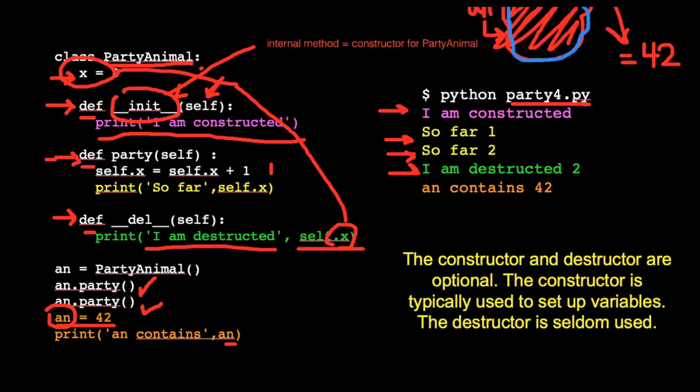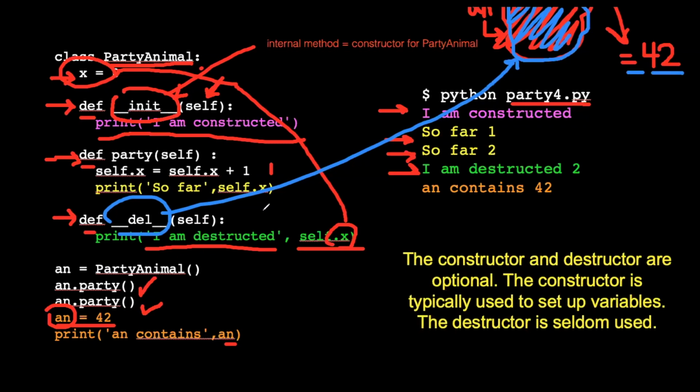Gone is not good. Gone means that it is forever lost, so you lose that space there. So Python automatically collects or reclaims that by deallocating it. So this delete, or destructor, is called the moment that an is reassigned to 42. And that triggers the destructor being called. Inside the destructor, it prints self.x at that point, which is 2.